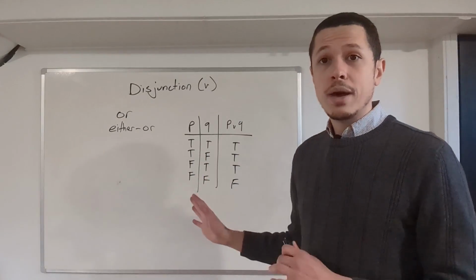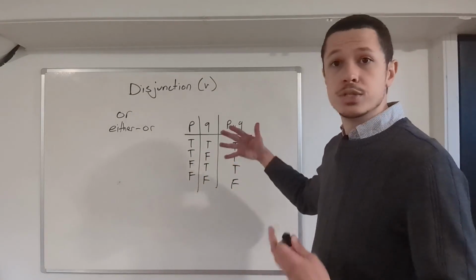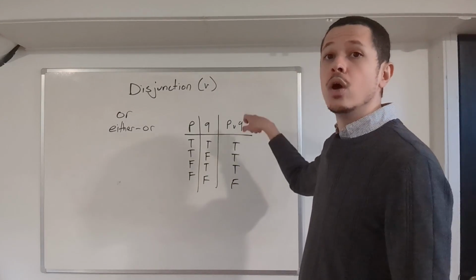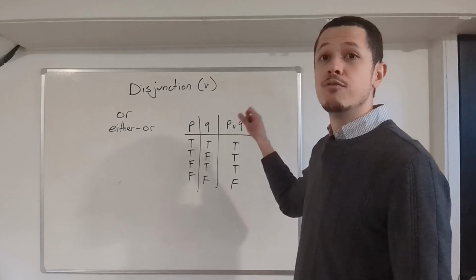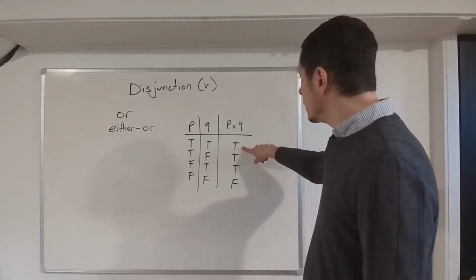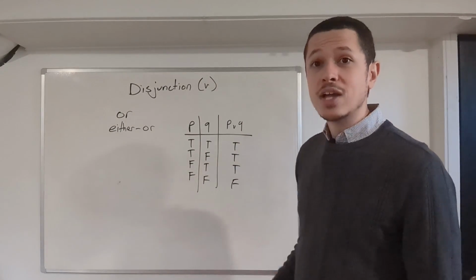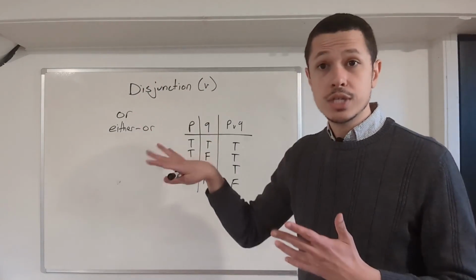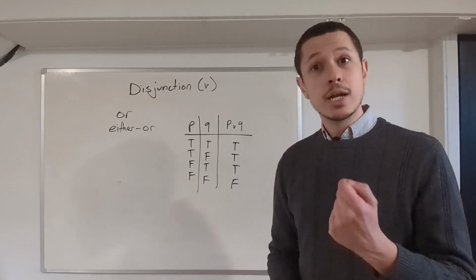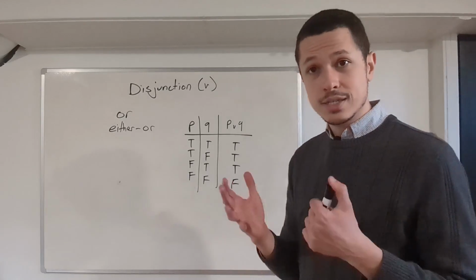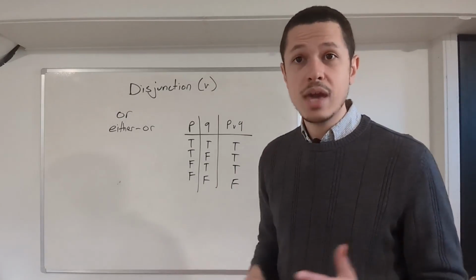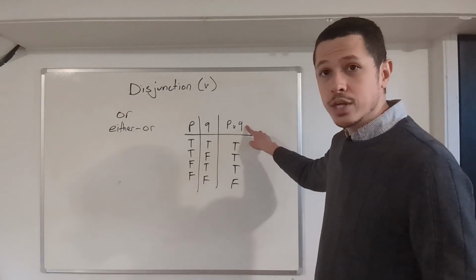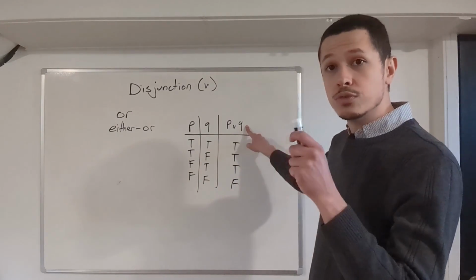But the thing that I want you to know about this is just that in logic, as a rule, remember that disjunctions are always inclusive. So every single time you see a disjunction, if both disjuncts are true, then the disjunction is true. And when you're transcribing from a natural language English sentence to formal logic, you're going to have to be careful about this, because if you saw a sentence that said it's either on or it's off, this would not be the right way to represent it, because that's an exclusive or.